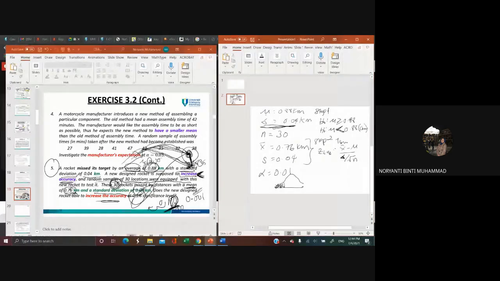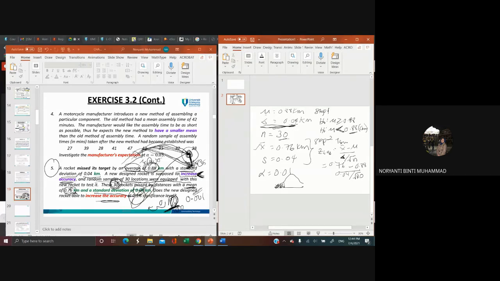You use the formula table, don't get it reversed. So x bar, you have this value. Mu, you have the value here. Sigma, you have this value, and you have n. When you substitute the values, you will have 0.76 minus mu 0.88, divided by 0.04 over square root 30.